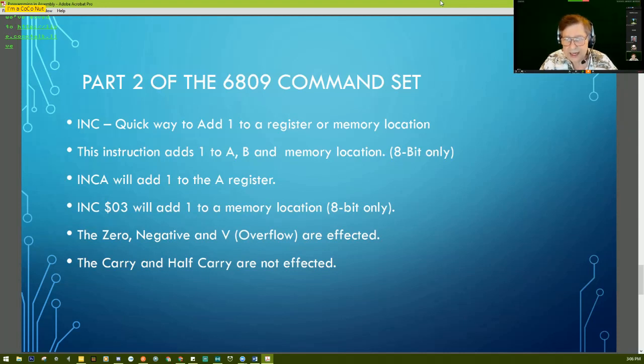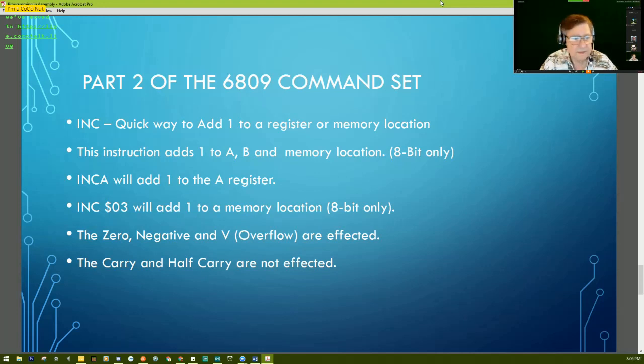This is so that carry information can carry over from a previous add. So that's the one thing you've got to be careful about. Usually most of the time programmers only care if the number is negative or 0 after this type of operation. But it's used mostly for counting. Like a for next loop.